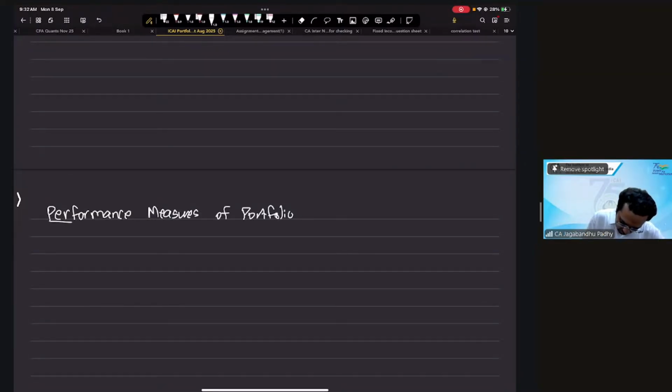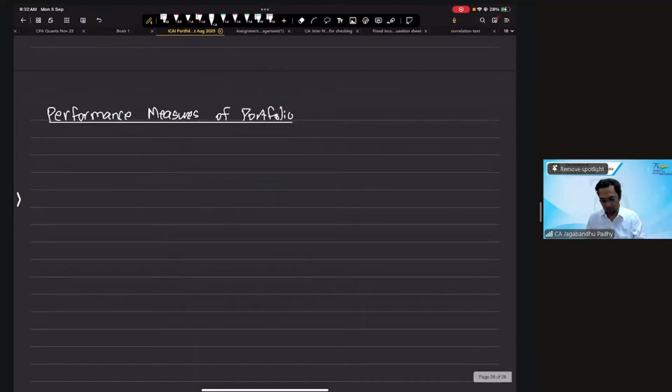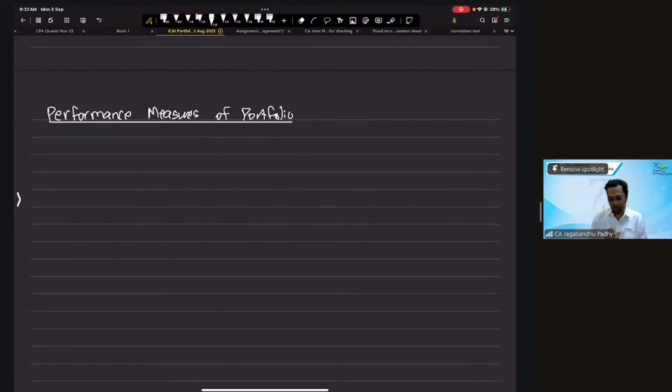Once we have created a portfolio and we are involved in management of the portfolio, we would like to know how well our portfolio has performed. So to test that, we need some performance measures.